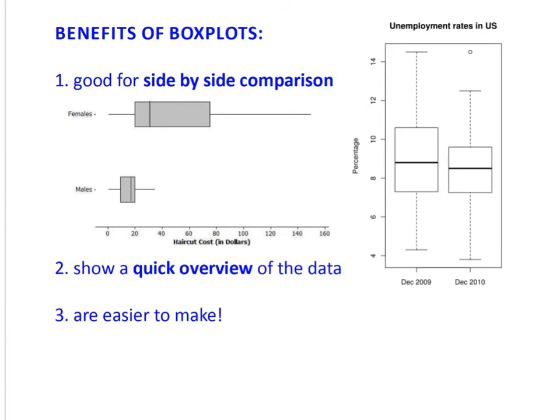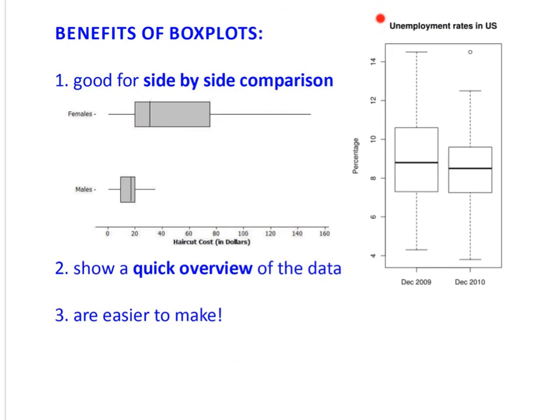Some of the benefits of box plots: they're good for side-by-side comparison. If we look at these two examples, they're really good for side-by-side comparison. I can compare the females with the males and their haircut cost rather quickly.